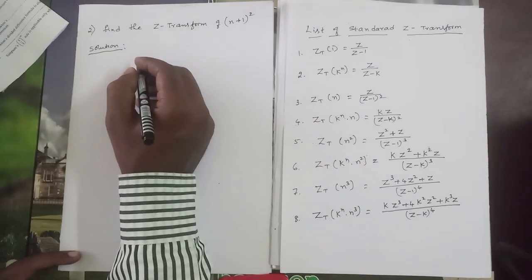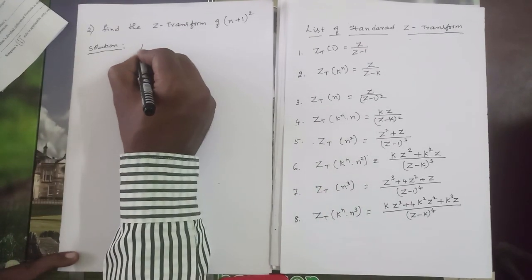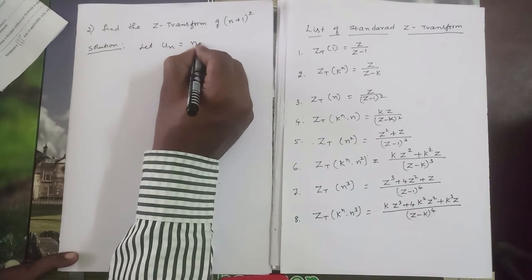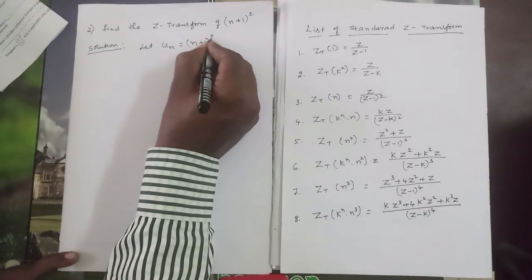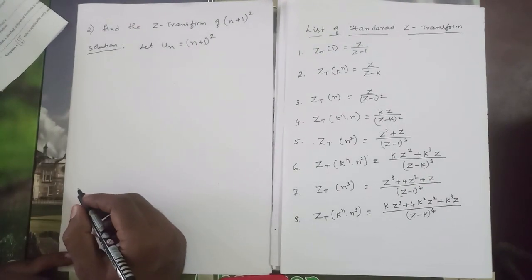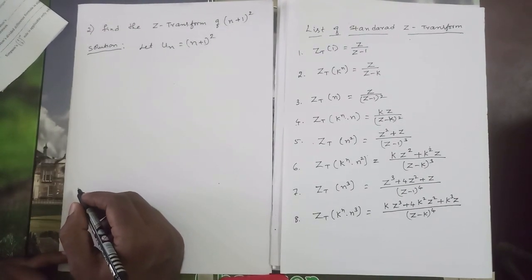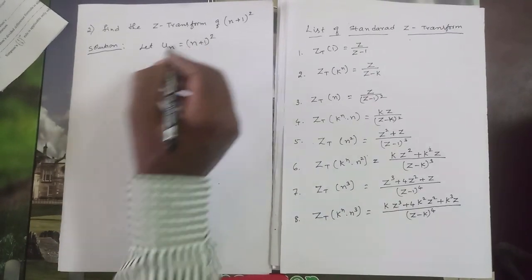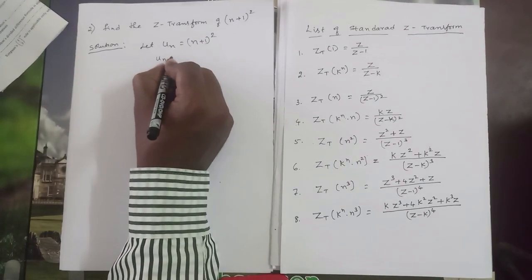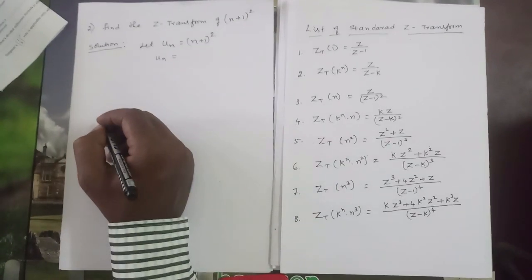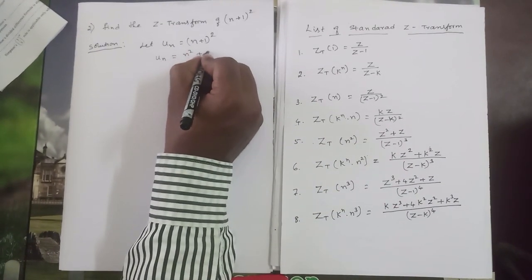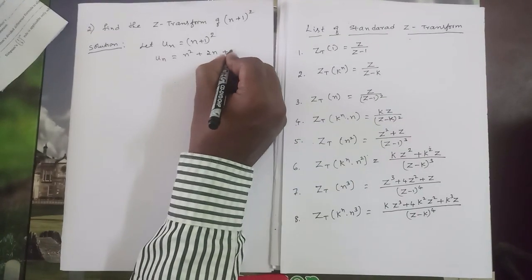Let u of n equals (n plus 1) whole square. So (n plus 1) whole square means what do you get? Apply the (a plus b) whole square formula. So u of n equals n square plus 2n plus 1.